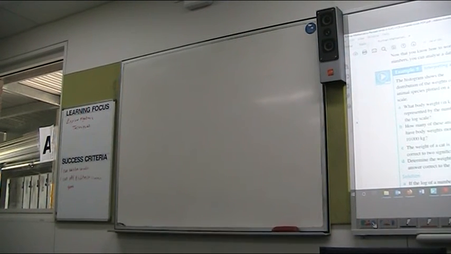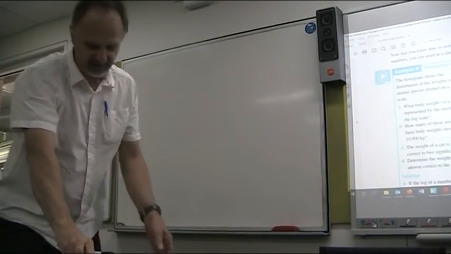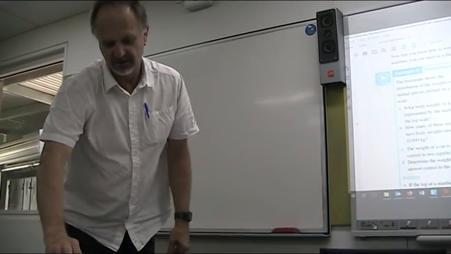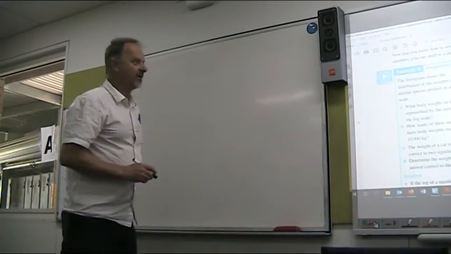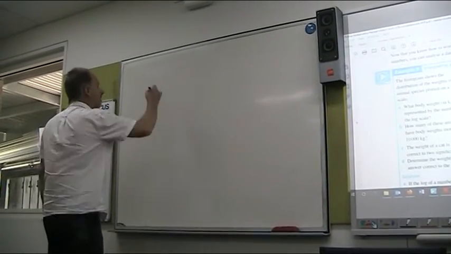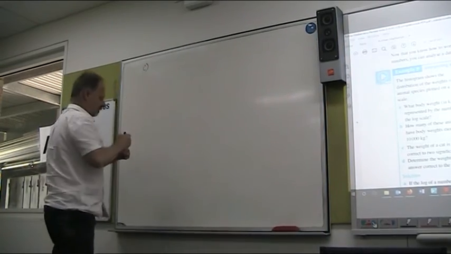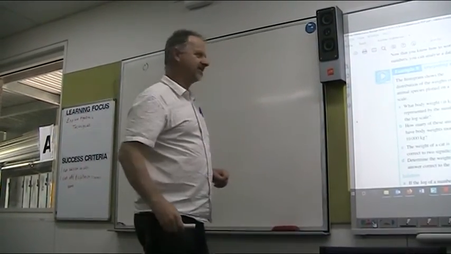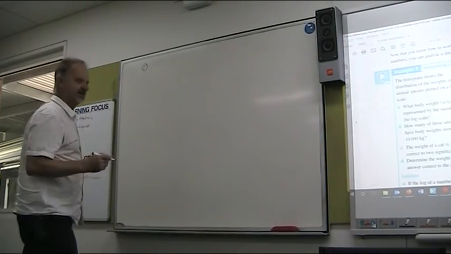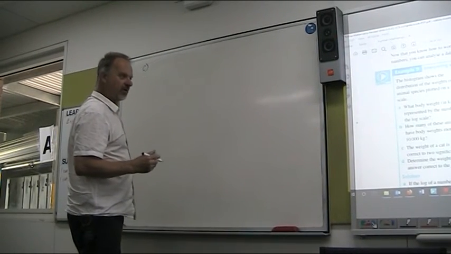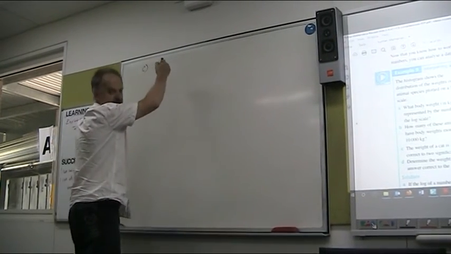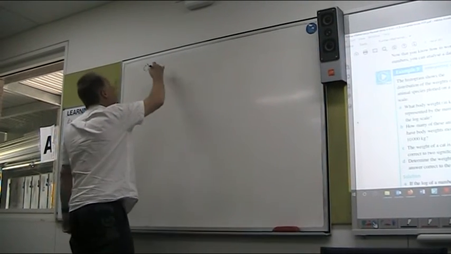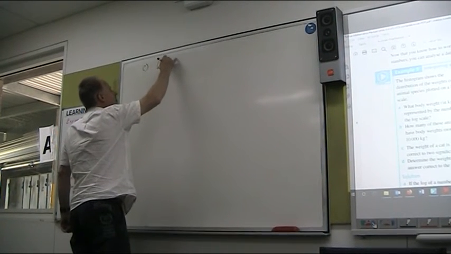Alright, so this is part B of that lesson. We're working on the question where the weight of the cat is 3.3 kilos, working out the log of its weight, so log of 3.3.